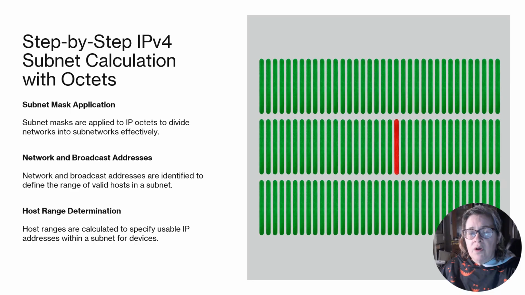This example works through calculating IPv4 subnet addresses by applying subnet masks to octets, defining network, broadcast, and host ranges. What they're talking about is a mask. I don't know if you've ever seen this: 255.255.something, you're going to do all 4.